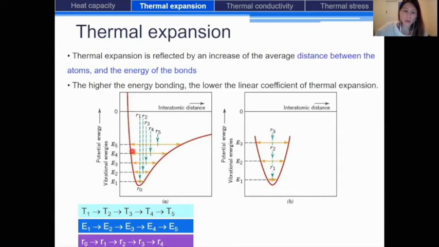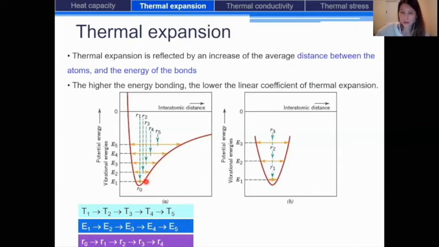When we increase the thermal energy in the material up to E1, we will have a change of the interatomic distance, and the atoms will vibrate, and this distance will range between the lowest value and the highest value given on the right part of this well, corresponding to this energy E1.